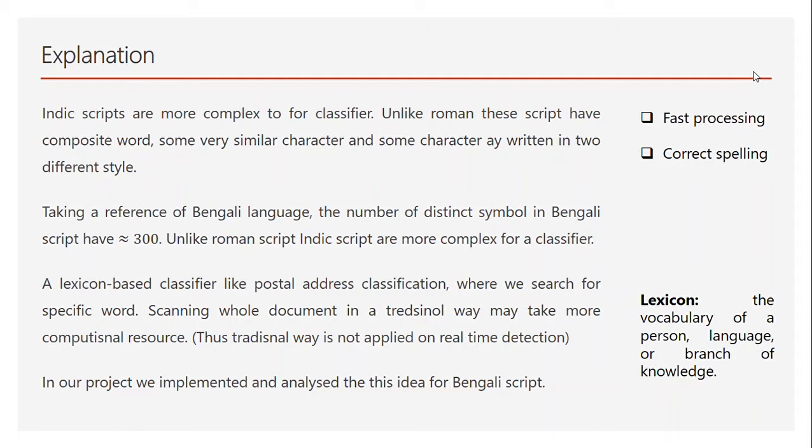Similar to Bangla script, approximately all Indic scripts have a similar number of symbols in their alphabet dictionary, whereas in Roman script there are only 26 alphabets and some special characters. In that case, recognizing word by word in a scanned document is quite a resource-consuming task.